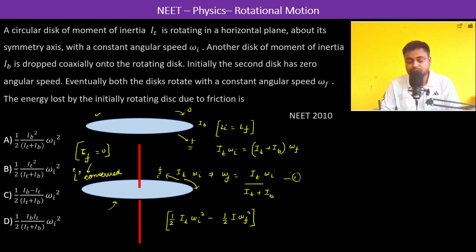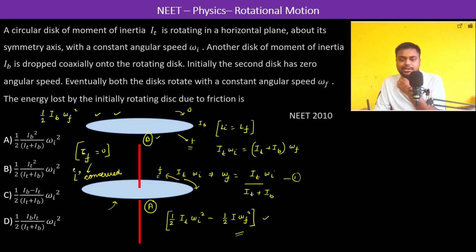That friction is causing gain in energy in the disk which was not rotating initially. So that gain is half into IB omega final whole square. This is the net energy loss in the first one, and this is the net energy gained in the second one. Ideally the answer should be this, but this answer is not matching with any of the options.